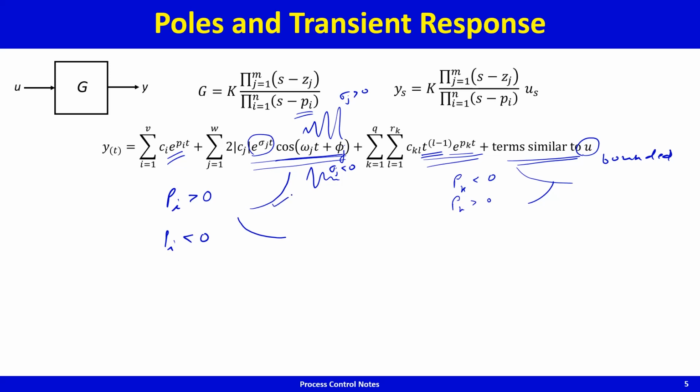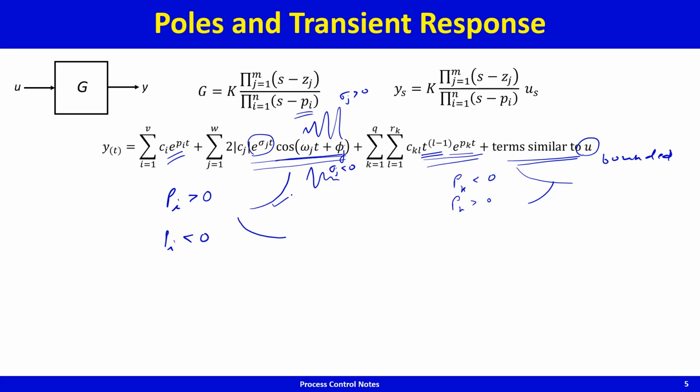Okay. Similarly, for complex conjugate pairs, if the real part is negative, the oscillations are going to die out. If the real part of the complex conjugate root pair or pole pair is positive, then oscillations are going to blow up.